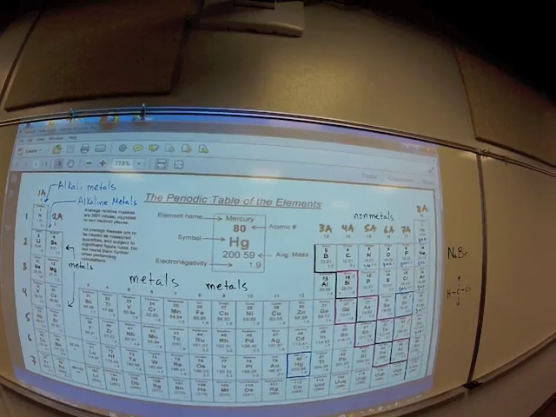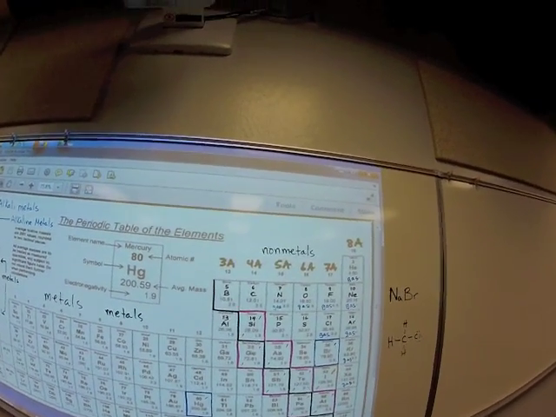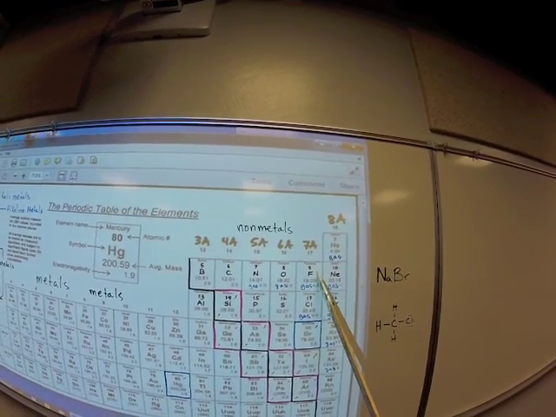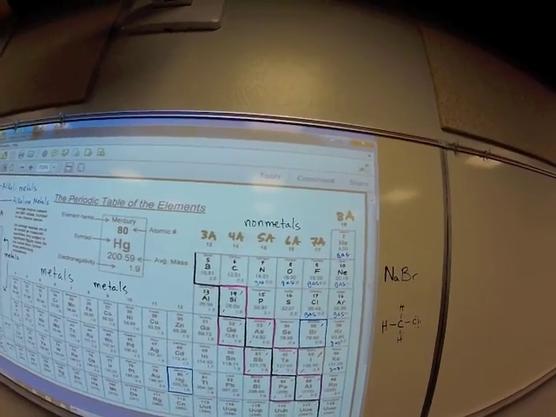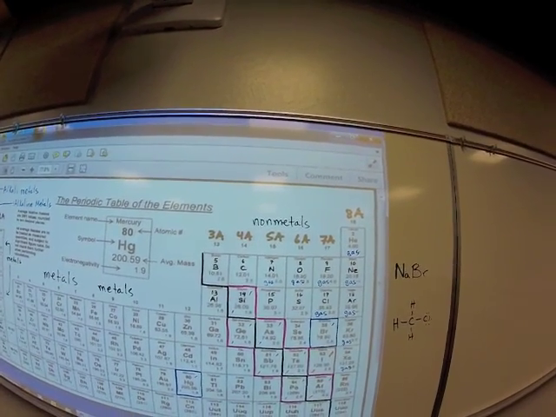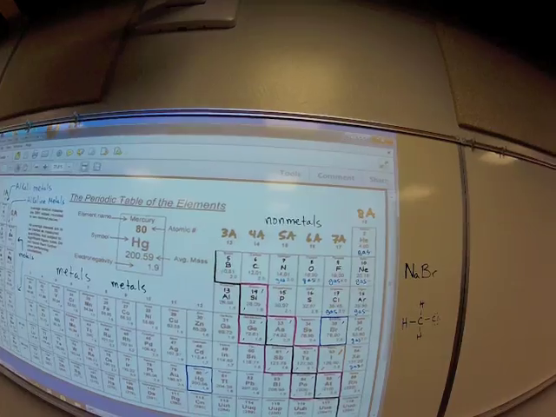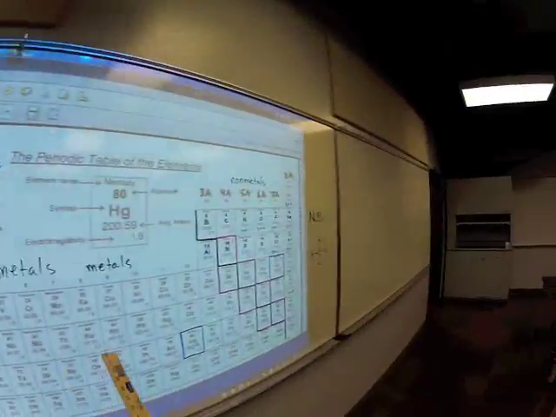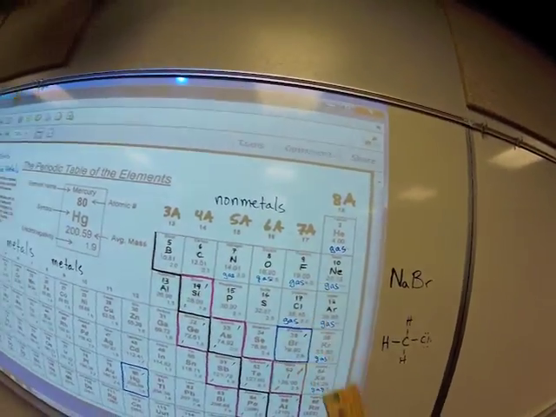And this increases the attractive force that the nucleus has for its outermost electrons. So it follows from that it's going to be progressively harder to remove an outer electron from any atom on the table as we move from the left to the right.